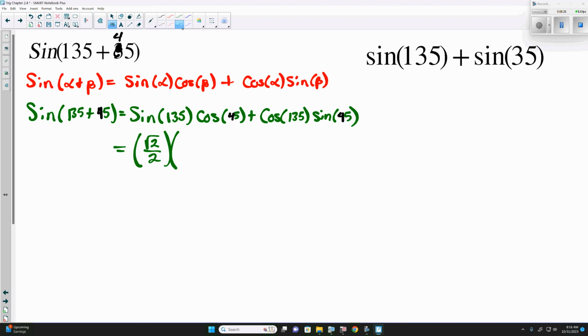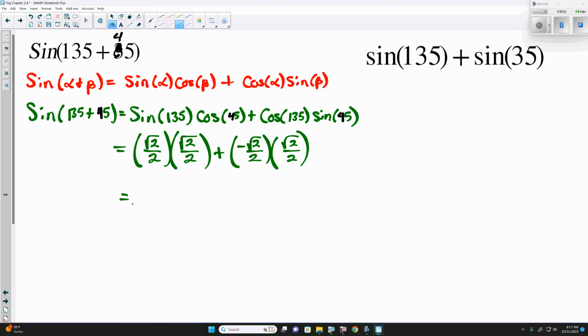It doesn't seem like a big change, but it is a big change, because cosine of 45 is on the unit circle. It actually is square root 2 over 2. Cosine of 135 is negative square root 2 over 2. And sine of 45 is square root 2 over 2.